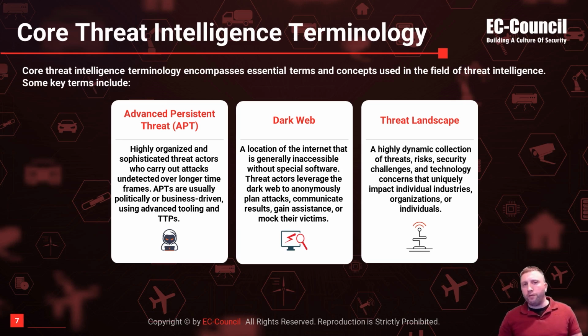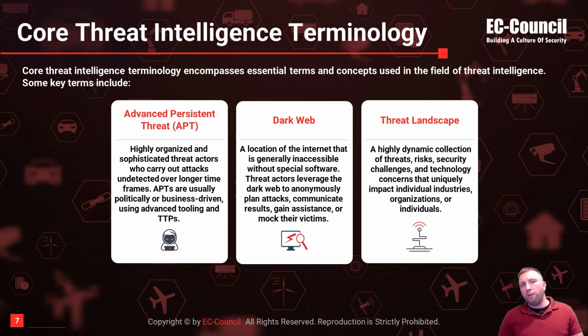They're not doing this for fun, like a script kiddie. They're looking to do damage to advance political agendas, to harm political enemies, or to just get a lot of money via ransomware from large organizations or small businesses that they compromise over and over. Advanced persistent threats are usually characterized by a longer dwell time, and they are very difficult to get out of an environment in many cases.